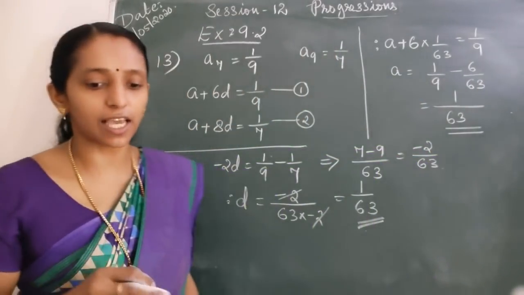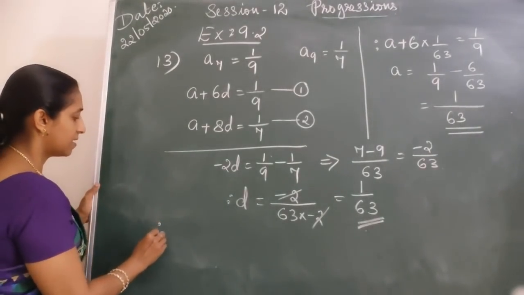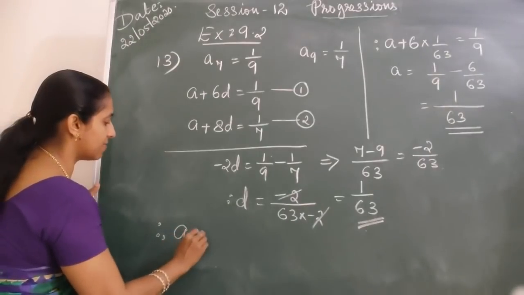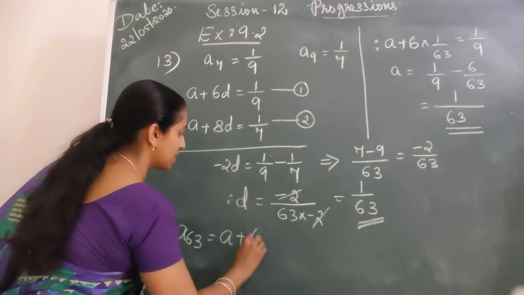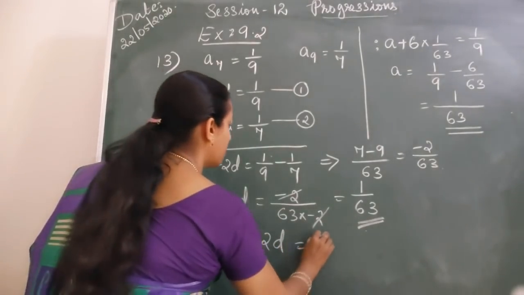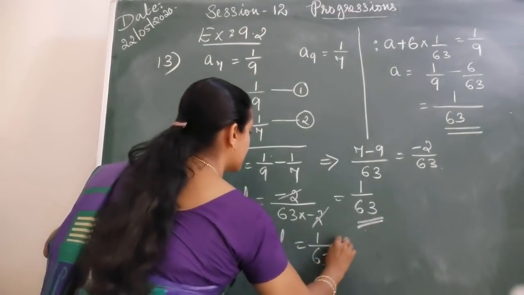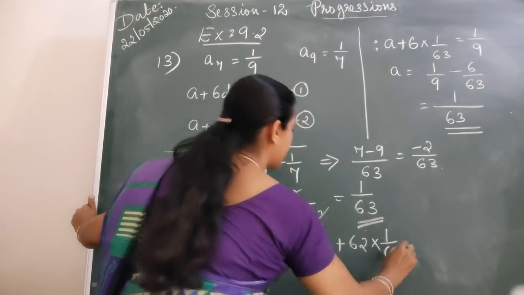Then you have to calculate the 63rd term. Therefore, A63 will be equal to A plus 62D. That is 1 by 63 plus 62 into 1 by 63.